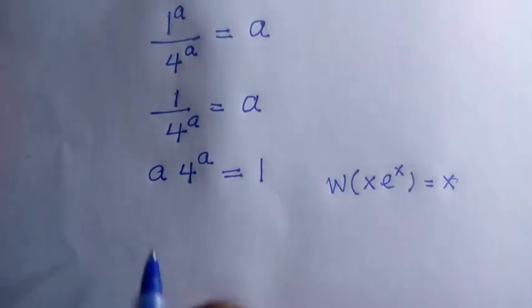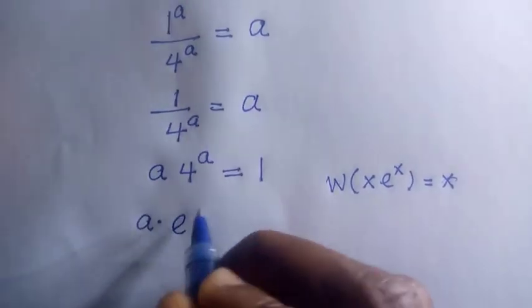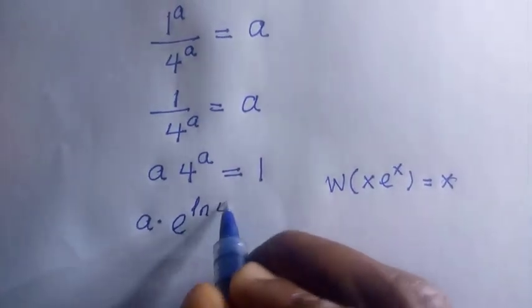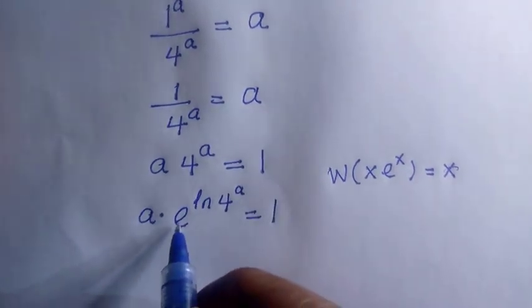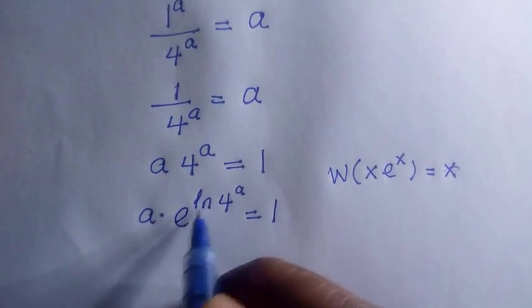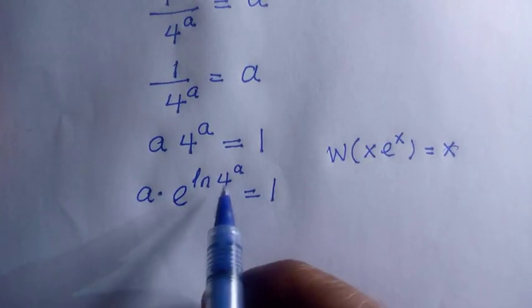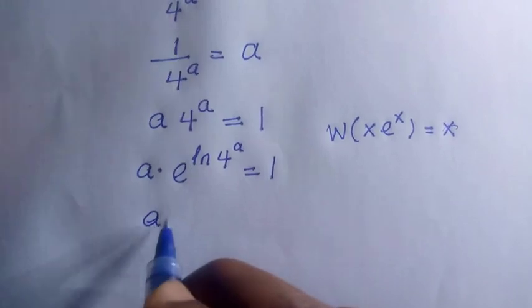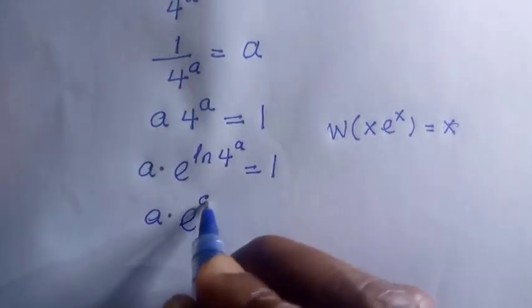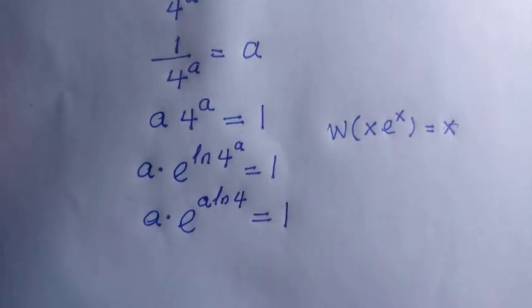What I'm going to do here is rewrite this 4 as e raised to the power of ln 4, so we have a multiplied by (e^(ln 4))^a equals 1. As e and ln are inverse to each other, they cancel, so I just introduce it to get the result I want. According to the rule of logarithm, the power of this 4 will come here, as we have a multiplied by e^(a ln 4) equals 1.